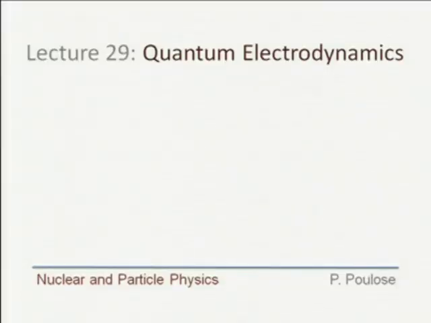So, we will continue our discussion on the interaction of charged particle with electromagnetic field in the quantum picture and in relativistic case. Essentially, this is what we call quantum electrodynamics, but we will come to the formal quantum electrodynamics as a quantum field theory at a later stage.